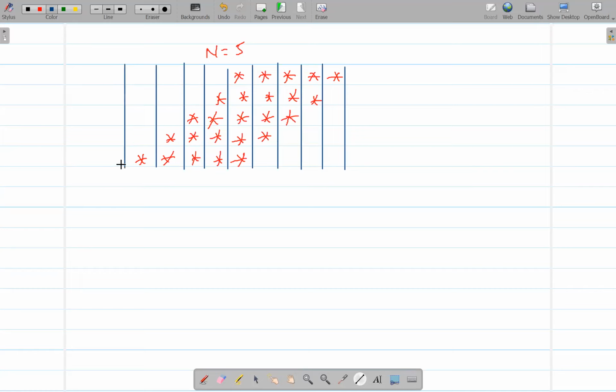Okay. Now tell me, is there any pattern you are able to see over here? For spaces, tell me how we can do the initial spaces and how it is getting decreased.